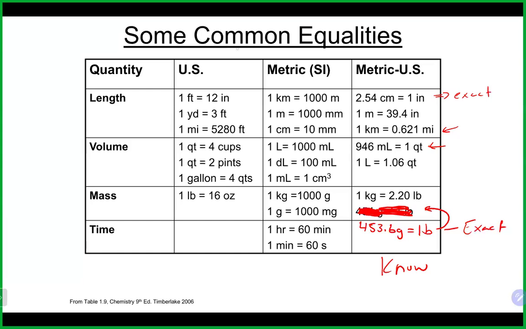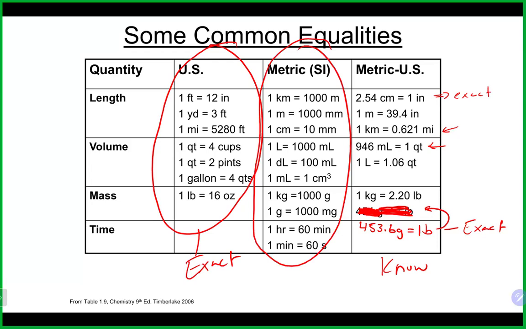If you're doing any type of conversion factor or calculation that involves a US to US conversion, it is considered exact, which means you do not need to worry about it in your calculation. You just ignore its contribution to your answer. If you're doing any type of metric to metric conversion, it's considered an exact number, which means, again, you do not need to worry about it in your calculation.